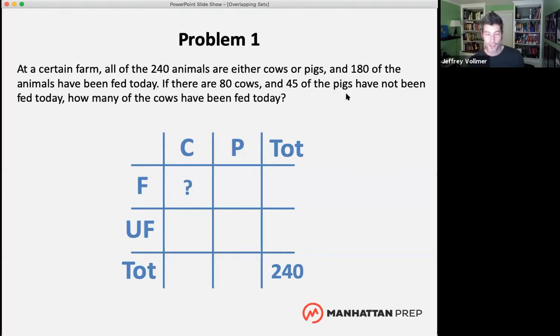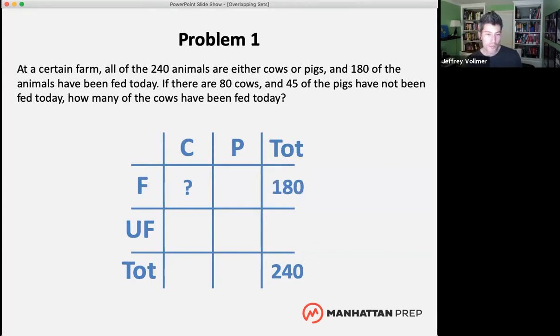Where are you going to place it? Yeah, it should be right here, right? All of the animals that have been fed, 180 of them have been fed. Let's go ahead and write it in.